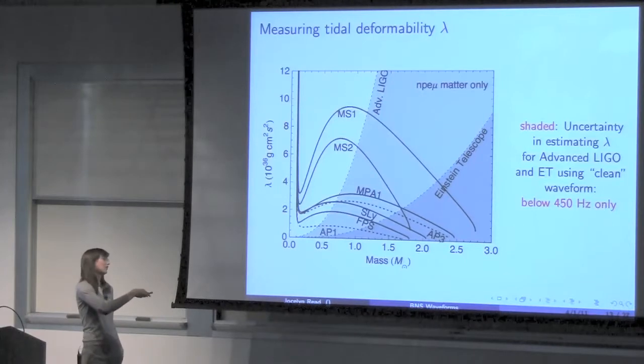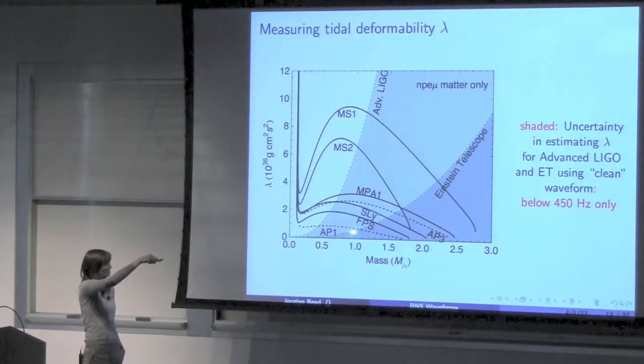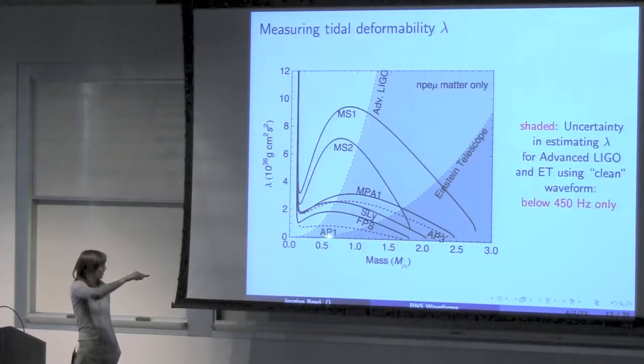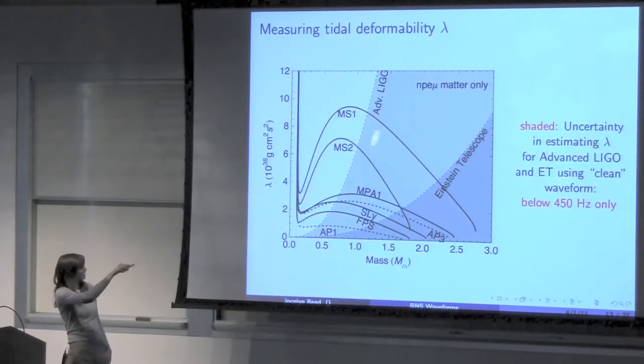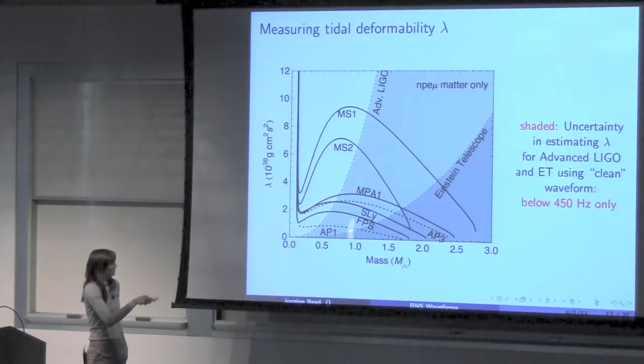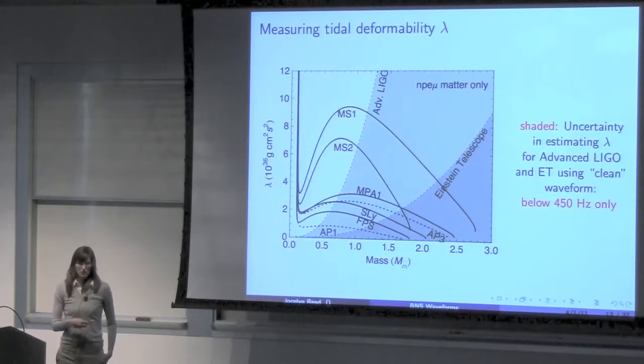So using a Fisher matrix calculation, you can get the expected error of a measurement for this system. And these are all the error around lambda equals 0. So for the Einstein telescope, for example, this is a binary system of 1.4, 1.4 solar masses, you're measuring lambda with an error of about 1. And then for advanced LIGO, however, this is basically something that you wouldn't be able to measure.